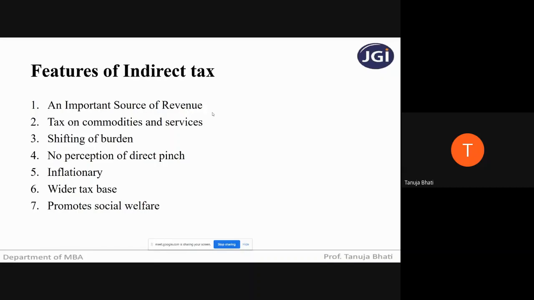These are not good for society. So indirect taxes are also levied on such sinful products. When it is levied on such products, their prices will obviously be high, and with this, the consumption can be a little low. In this way, it can indirectly promote social welfare.